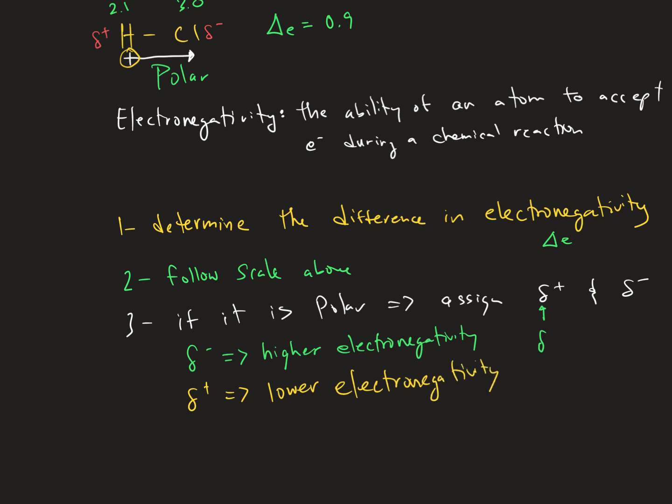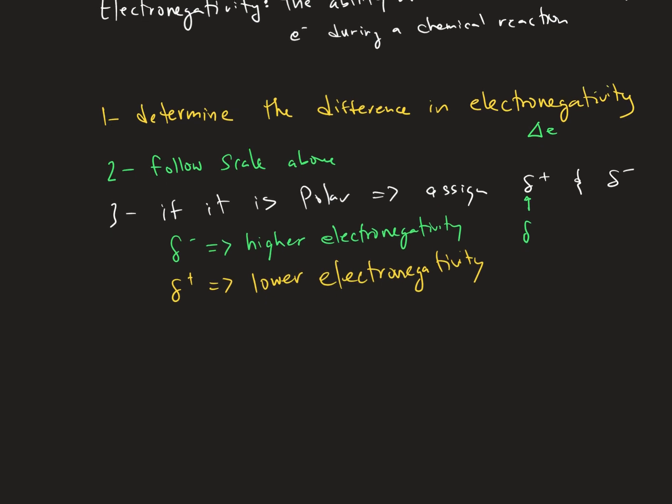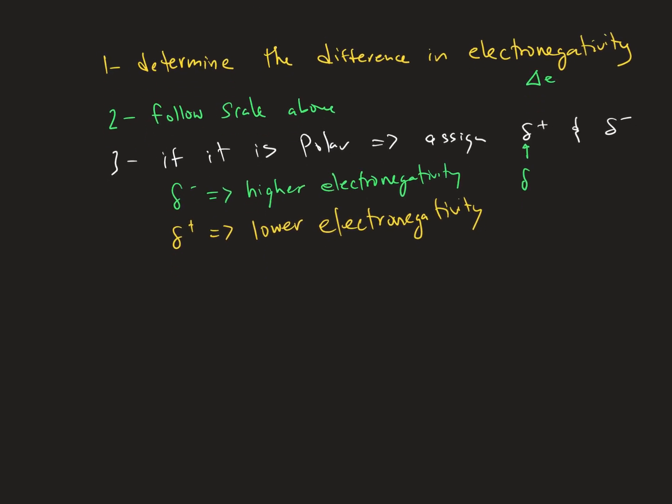Does that make sense in your mind? It's a bigger electronegativity, it has more electrons near it, therefore more negative. But it's not like an ionic bond where you have one side positive, one side negative. It's not like that. Good?